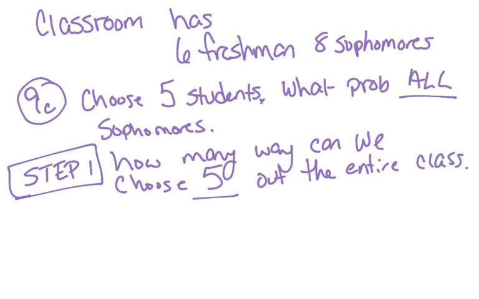Okay, because when we're talking about probability, that's a little different than when we're just trying to figure out how many people we can choose, because we need a whole and then we have to figure out the part of that whole that we're looking at.